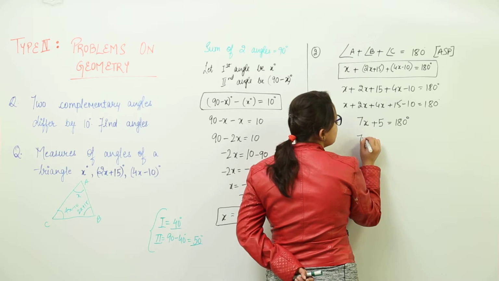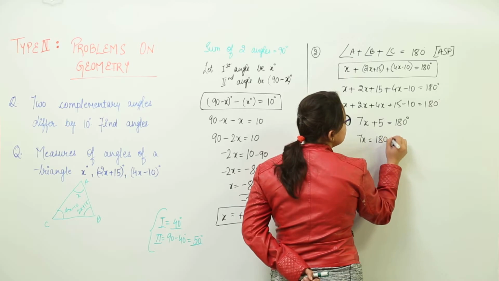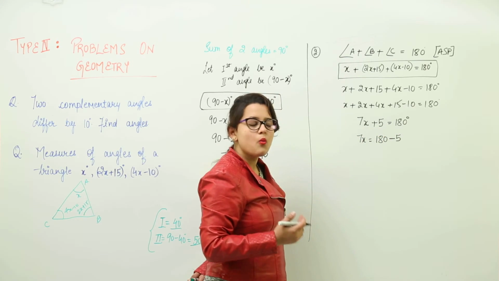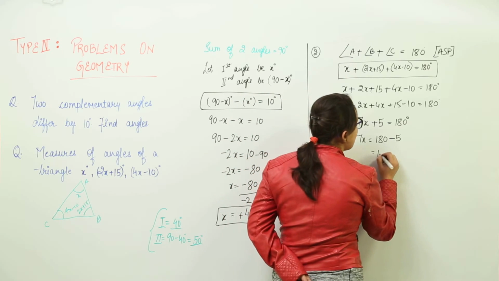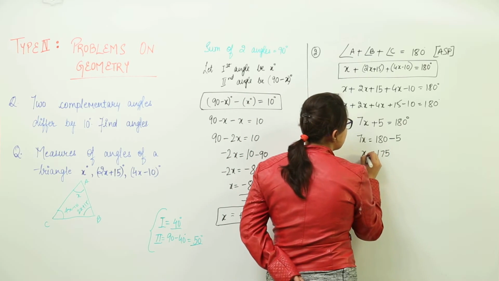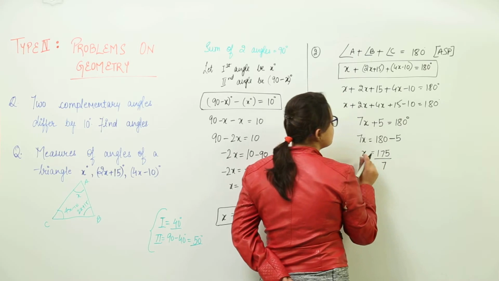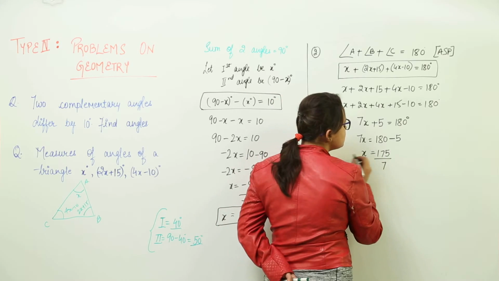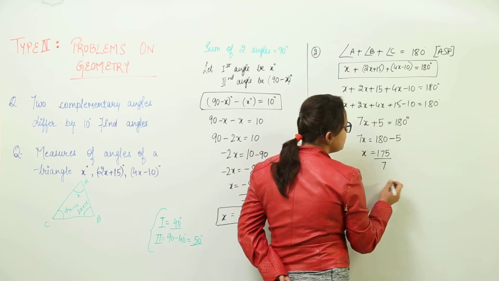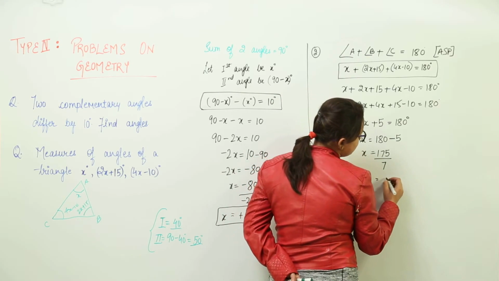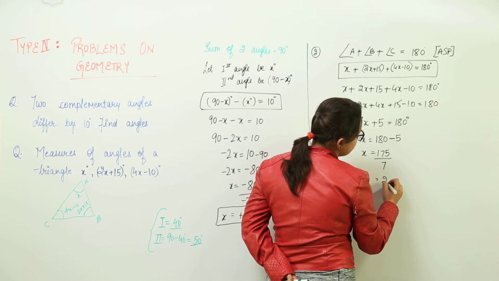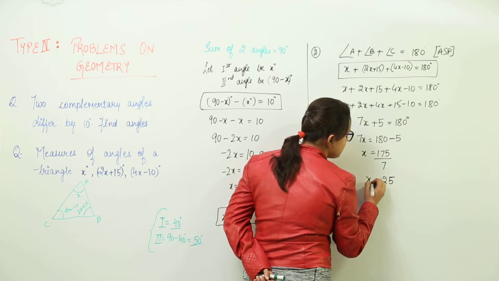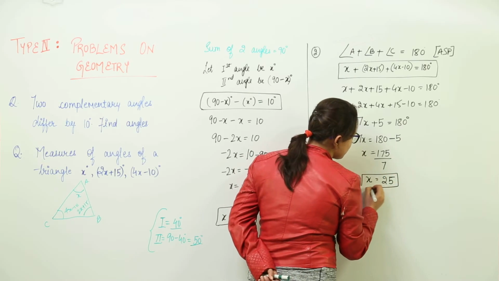So 7x is equal to 180 minus 5, because they were constants, so I have taken them to one side. Here we get 175. So x is equal to 175 over 7, because 7 was getting multiplied, so when I transpose it to the other side I get 7 in the denominator. On solving, 7 twos are 14, 15, 16, 17 and 7 fives are 35, so x comes out to be 25.